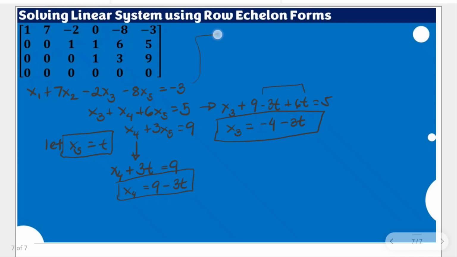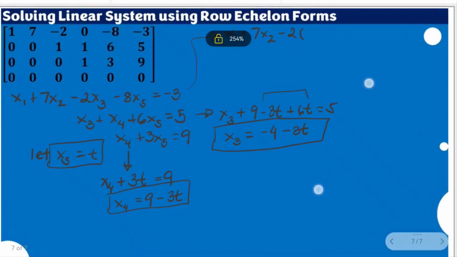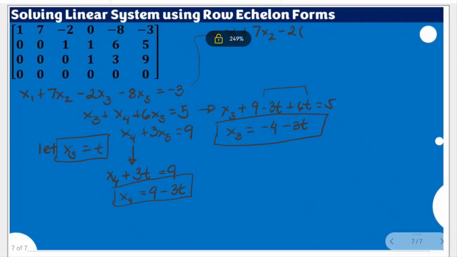Now if we're going to look at our first equation, you have x sub 1 plus 7 x sub 2 minus 2 times your x sub 3, which is negative 4 minus 3t, minus 8 x sub 5, which is t, equal to negative 3.